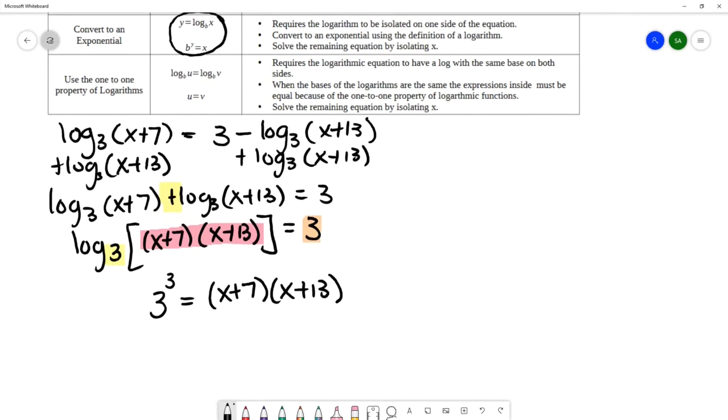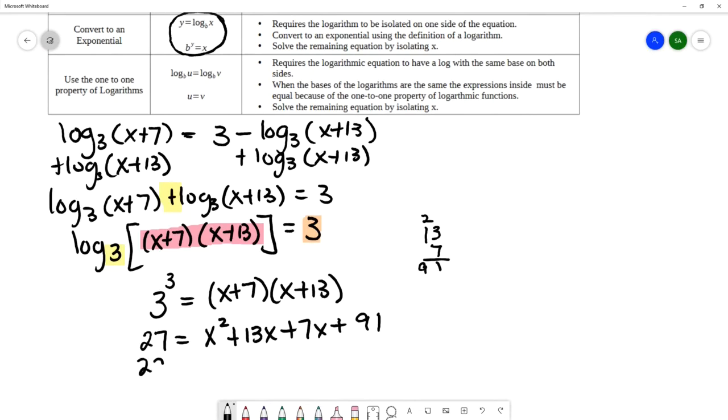Now that we've converted this to an exponential equation, we're going to be able to solve it. 3 to the third power is 27. We're going to multiply (x + 7) times (x + 13). That's x squared plus 13x plus 7x plus, and I don't know in my head what 13 times 7 is, so we have 91.